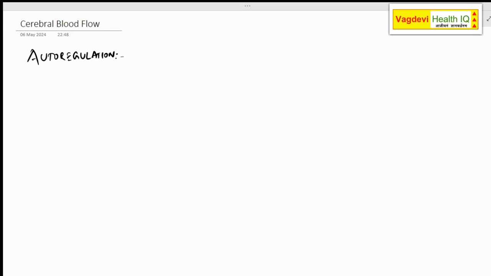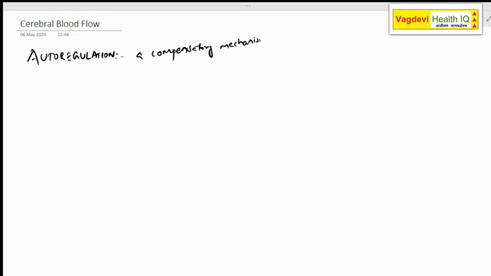Okay, so there is no significant blood flow problem. So autoregulation is basically what? A compensatory mechanism, and it is the key of brain.